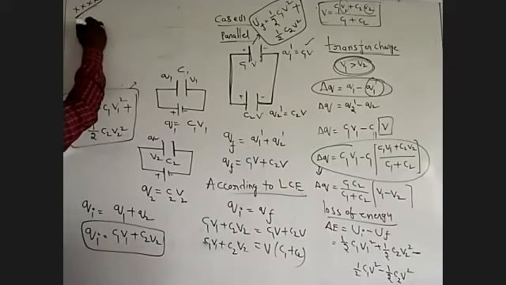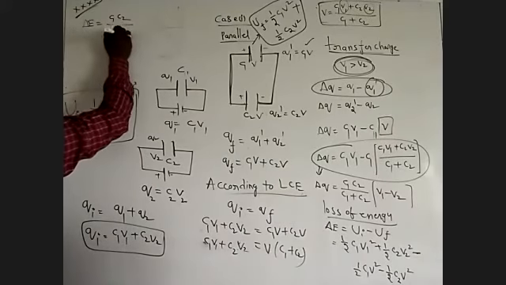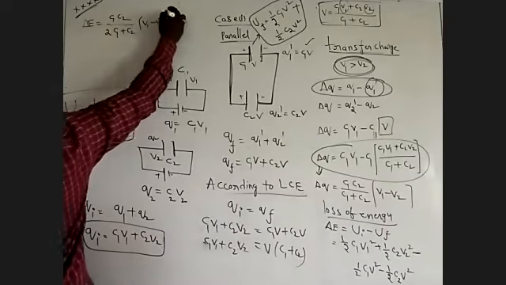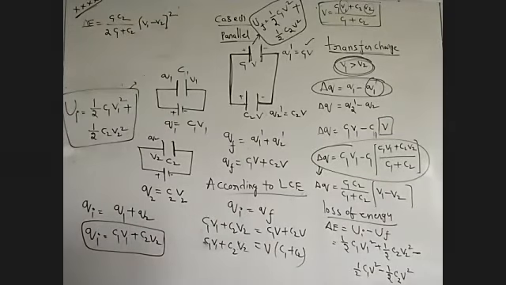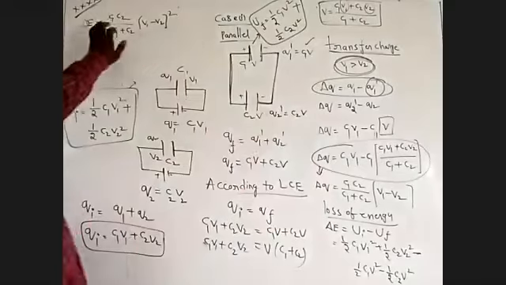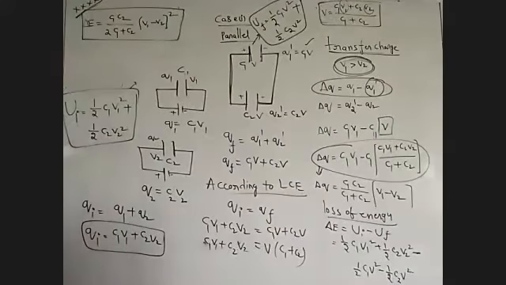Loss of energy is equal to C1 C2 by 2 times C1 plus C2, into V1 minus V2 whole square. This is the formula. I'm not doing the simplifying; you have to simplify and you will get this. This is very, very important.